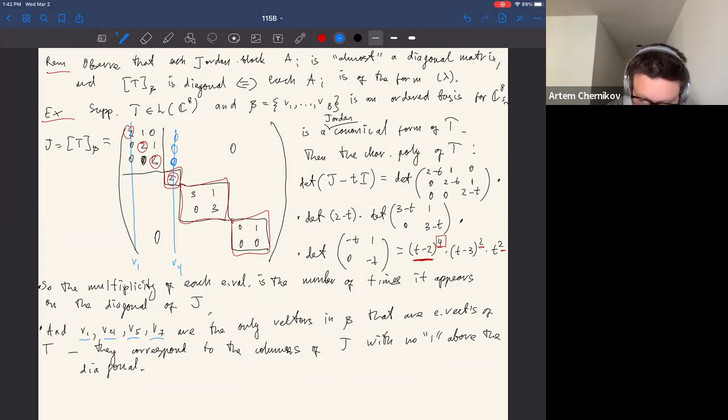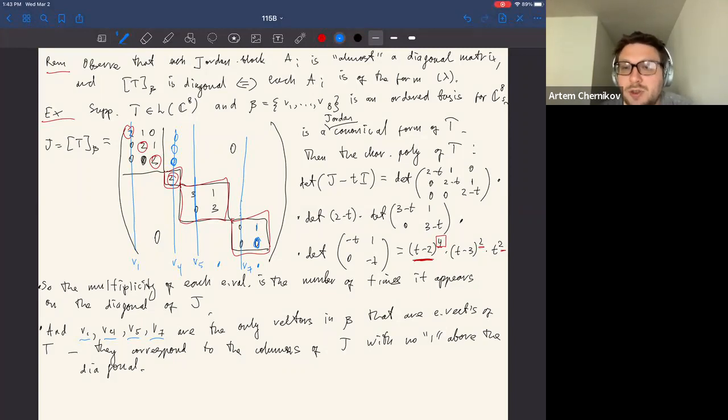On the other hand, if I look at this one, there's no 1 above it again. So this is v5. And the remaining one is v7, this one. Again, there's no 1 above it. All the other ones have a 1 above the diagonal entries. Like if I look in this position, I have 1 above the diagonal. In this position, I have 1 above the diagonal, etc.